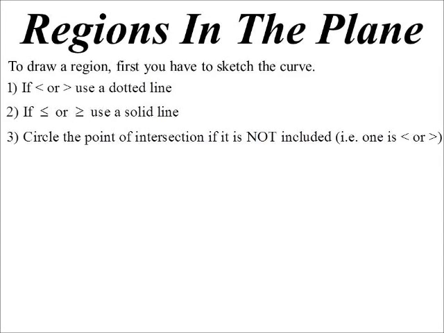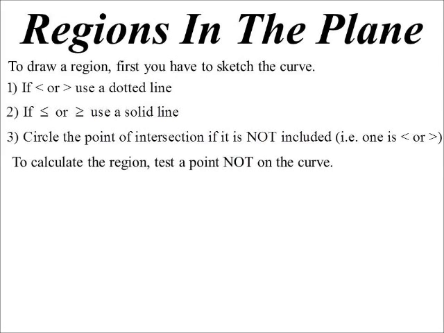There's only one way the point of intersection can be included, and that would be if both boundaries are included, because both inequations have to be correct. If one of the lines is dotted, or both of them for that matter, then we should circle the point of intersection to indicate this point is not included.